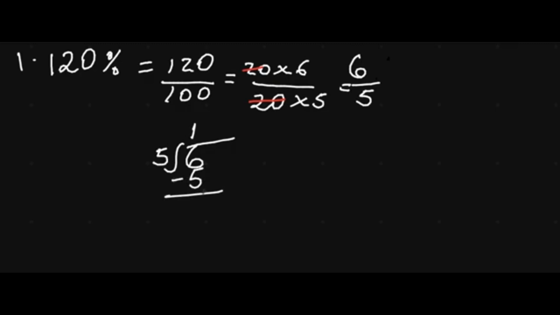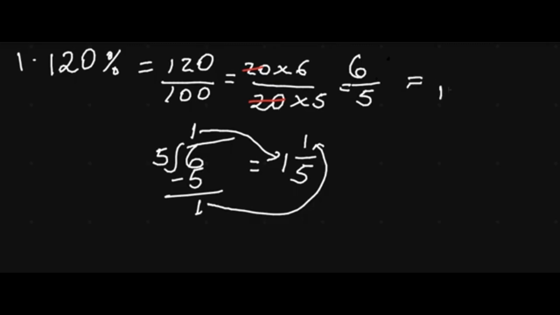Subtract, 6 minus 5 is 1. 1 cannot be divided by 5, so the result is 1 and 1/5. So 6/5 is equal to 1 and 1/5.